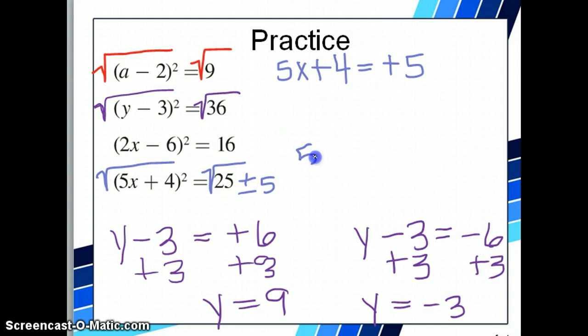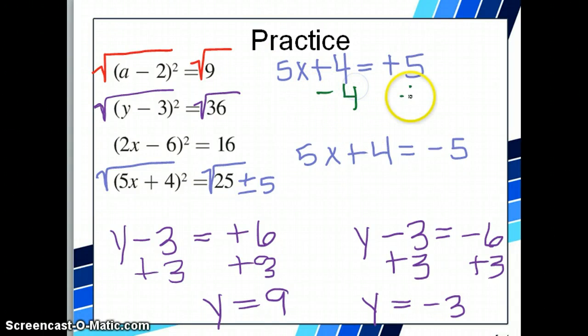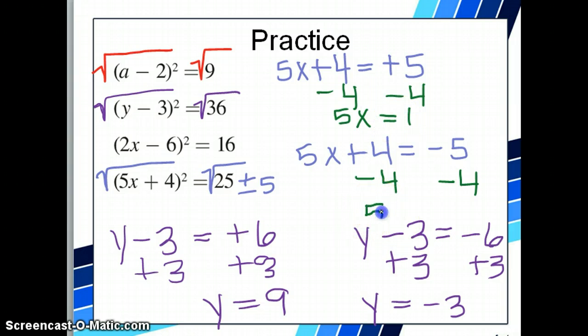So then I also have the 5x plus 4 equals a negative 5. Now we have to solve our variable just like solving an equation that we've looked at in the past. So subtract 4 from both sides. So I'm left with 5x equals 1 and 5x equals negative 9.